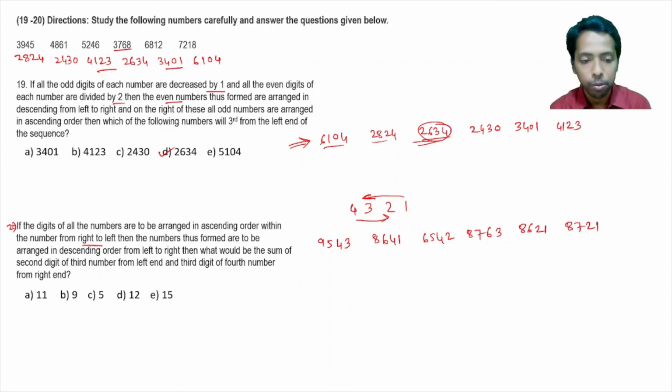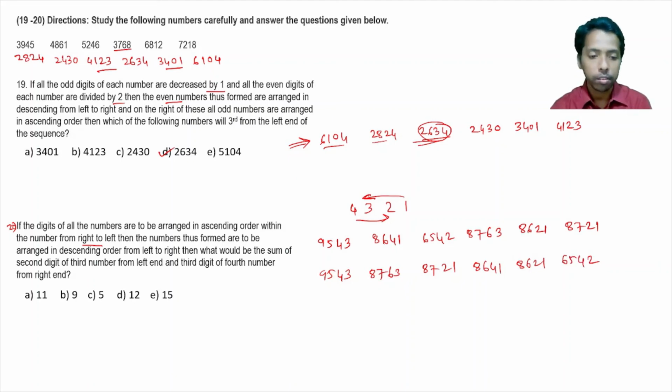The highest one would come first, 8 7 6 3. The numbers are quite close here, so be careful while arranging them in descending order. 8 7 6 3, then 8 7 2 1, 8 6 4 1, 8 6 2 1, then 6 5 4 2. 6 numbers are here, right?